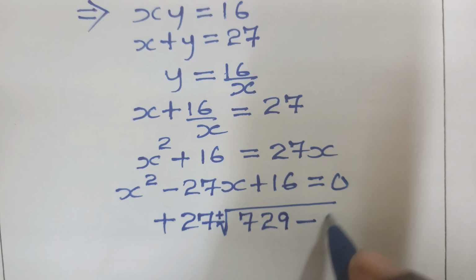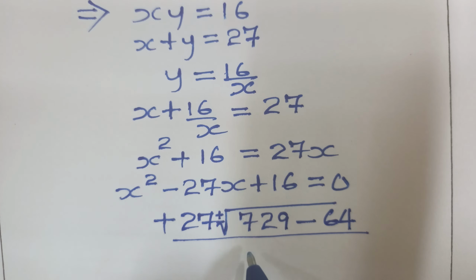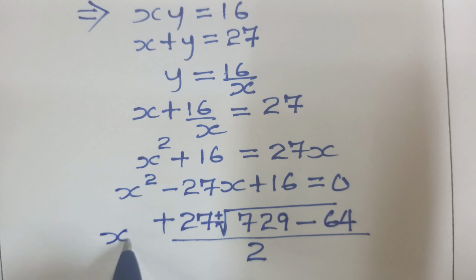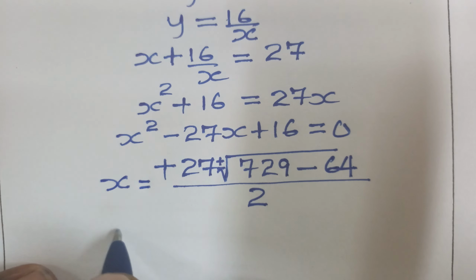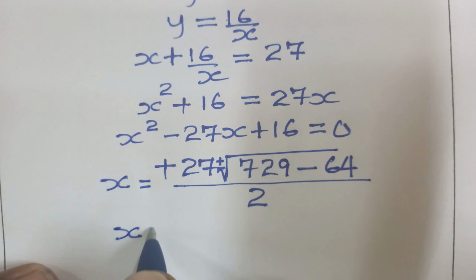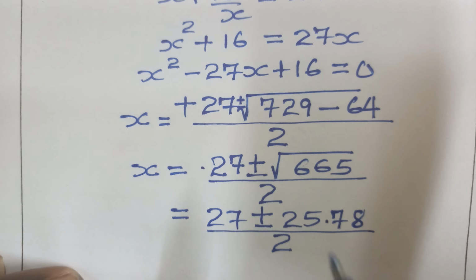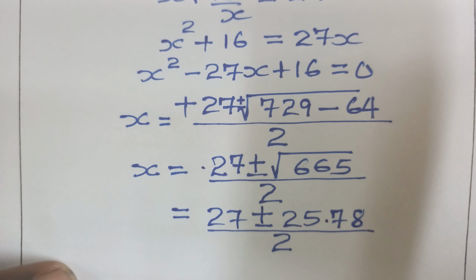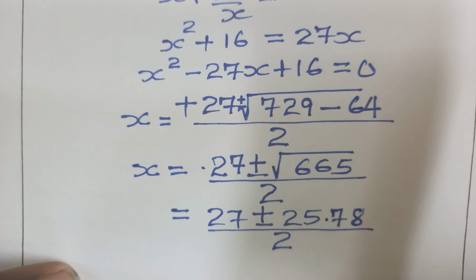And so we have 64 right there, all over 2a, so this is 2. And so our x is equal to that. We can now evaluate that, and we get this as our evaluated quadratic equation. But we now need to simplify.